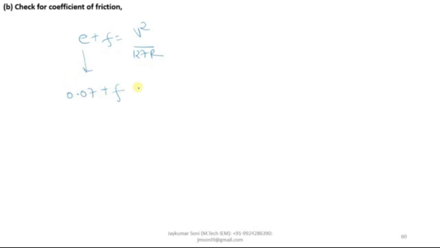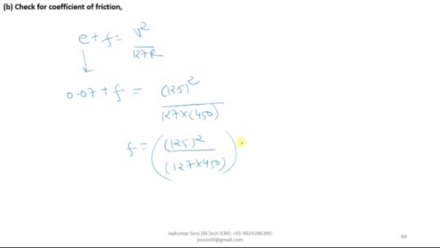You will keep F as F. You will put V as 125, and 127, and R is 450 meter. And you will calculate the value of F is equal to 125 whole square by 127 into 450, minus 0.07.